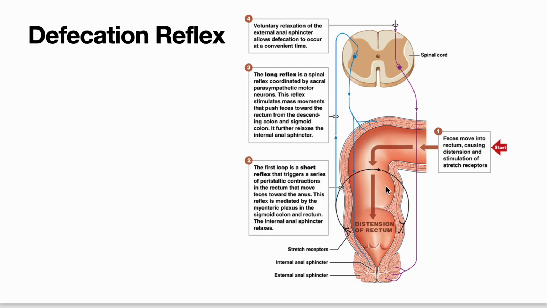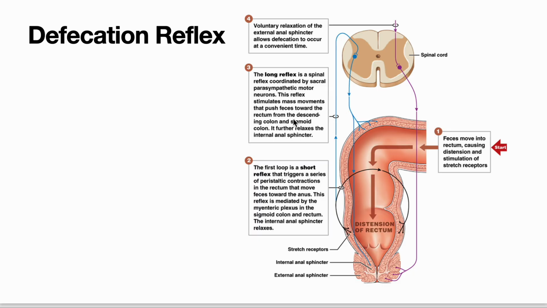some autonomics there. Both of these are positive feedback loops, by the way, and I always talk about how I can't come up with positive feedback loop examples other than clotting and labor and delivery. So here's another one. So that short loop is going to initiate peristaltic contractions by stimulating the myenteric plexus to cause muscle contractions.